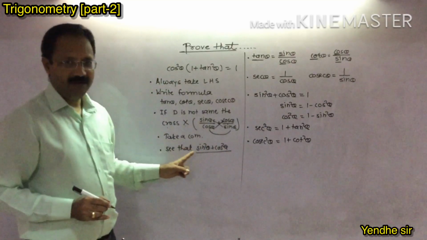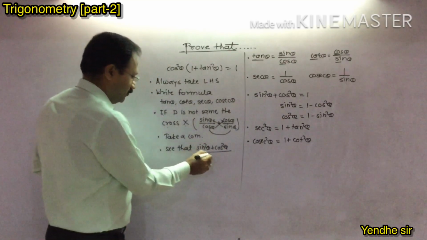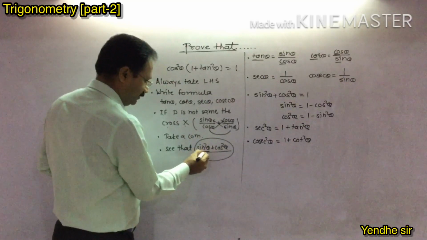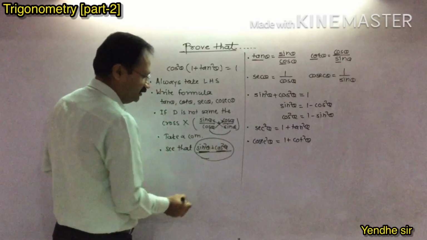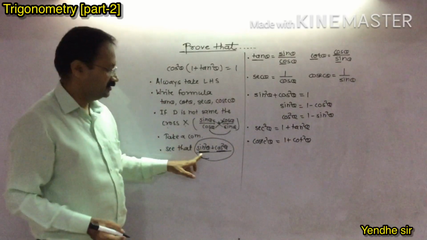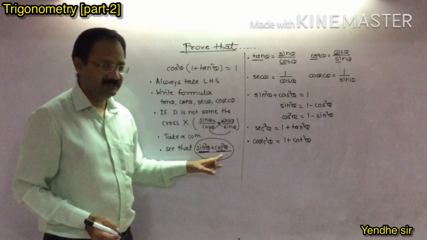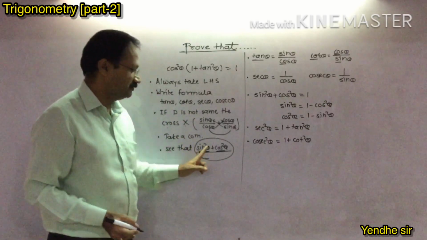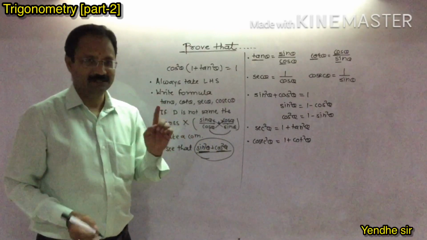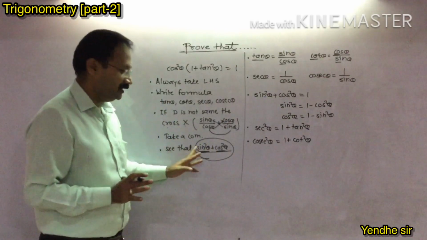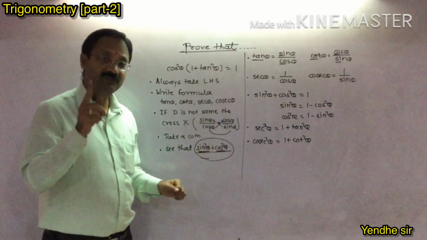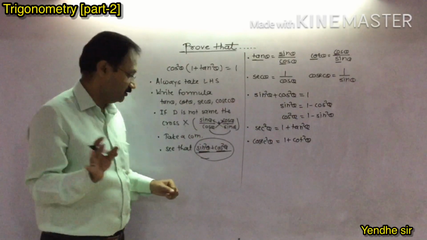So I have given the names for both: mummy and papa. Sin square theta as a papa and cos square theta as a mummy, and they have one son. So therefore sin square theta plus cos square theta equals 1. You have to remember this one. But remember, it is sin square theta and cos square theta, not sin and cos.